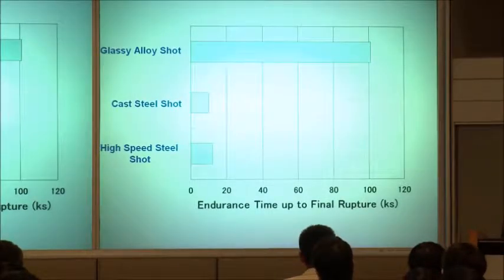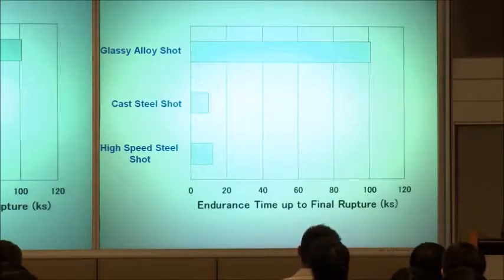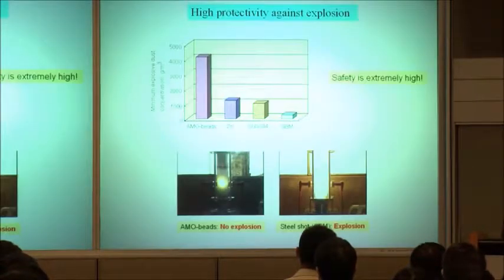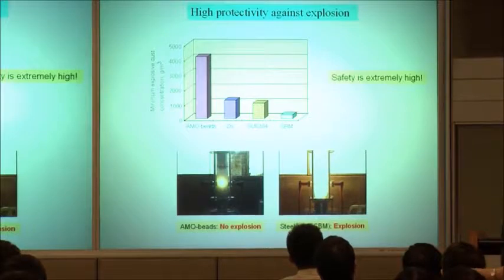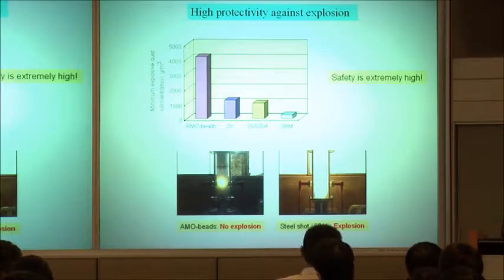These AMOBs show a much longer endurance time up to final rupture as shot peening balls as compared to cast steel shot and high-speed steel shot. And this AMOBs has another advantage of high protection against explosions as compared with steel shot and stainless steel shot.